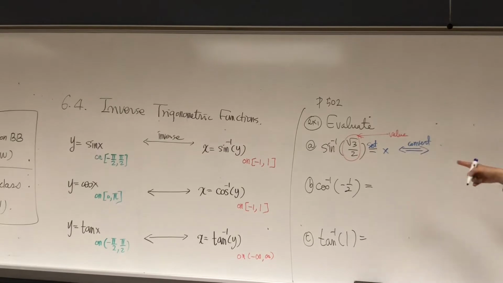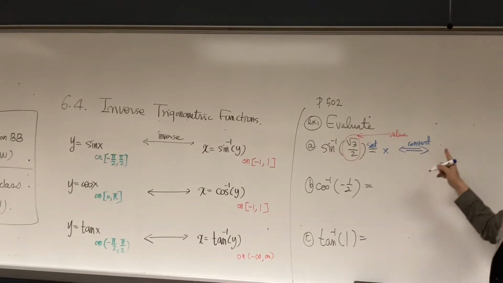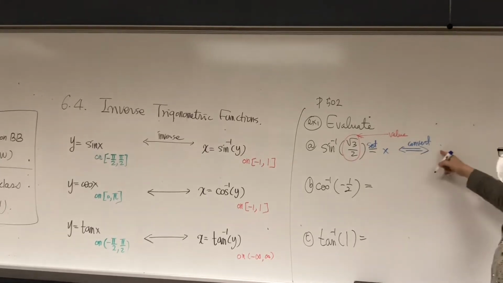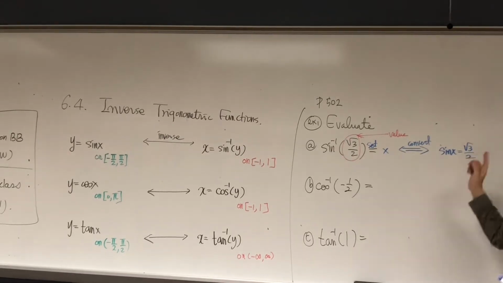What is the convert form? Instead of inverse, go back to the original sine. What is equivalent to this? Sine x equal to square root of 3 over 2. Am I right? This is the special ratio, right?